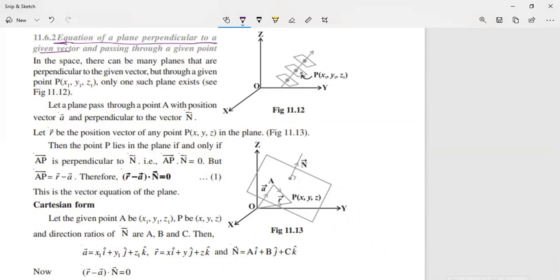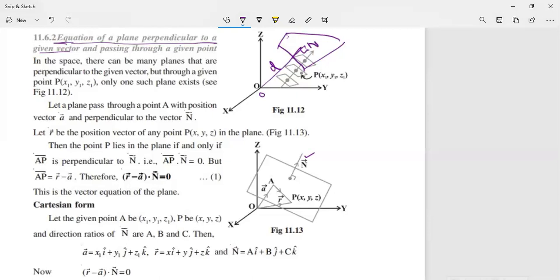This vector n is perpendicular to the plane, any vector n, not the unit vector or the perpendicular from the origin. In the previous question, there was a perpendicular from the origin to the plane. Suppose this is a plane, and from the origin you drop a perpendicular; this was d in the previous one.